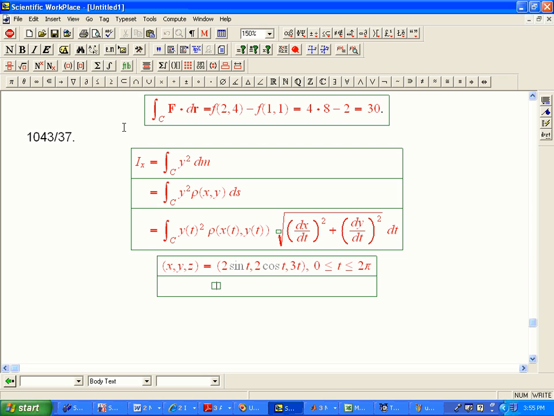And then x prime, y prime, z prime are going to go into here. Now, it's a three-dimensional version of this guy, but you get the idea.